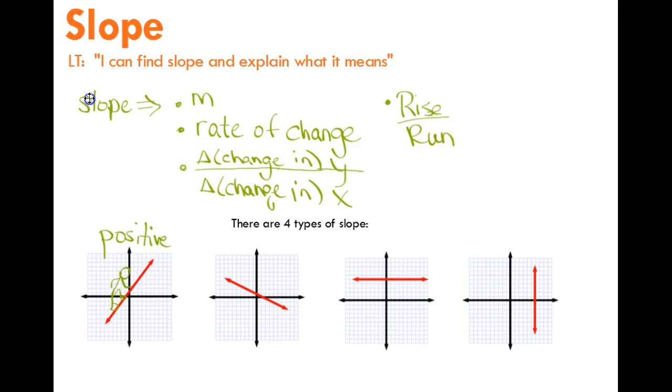And you read it from left to right. We never go the other way, because some people say, well, it's negative if you go to the left, but we never go left. Just like in a book, you don't go from right to left. We always go from left to right. So this is positive. This next one, you can imagine, is negative. So that's going downhill.